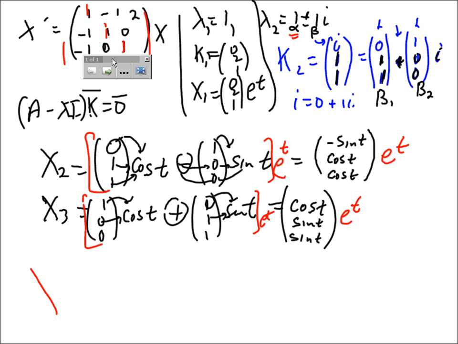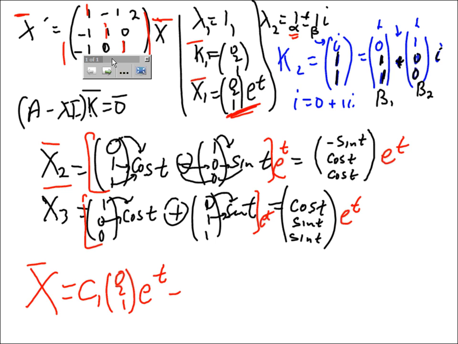So the solution is going to be c1 times x1. There's x1: 0, 2, 1, e to the t, plus c2 times x2. This is x2.